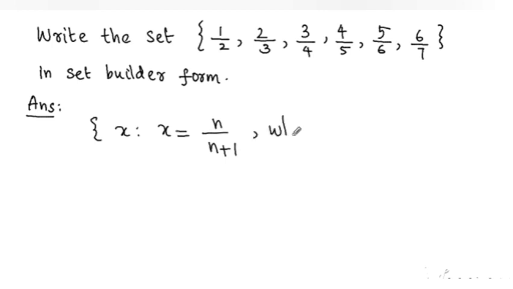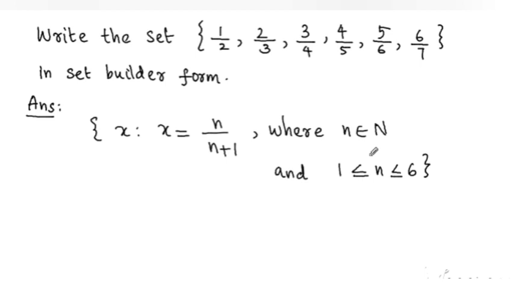Numerator n includes 1, 2, 3, etc. up to 6. So n belongs to capital N, and we have the restriction that n should be between 1 and 6, so the values 1 and 6 are included. So we can write 1 less than or equal to n less than or equal to 6.